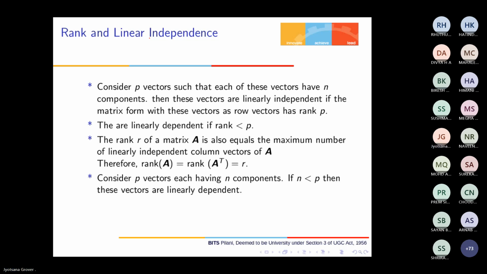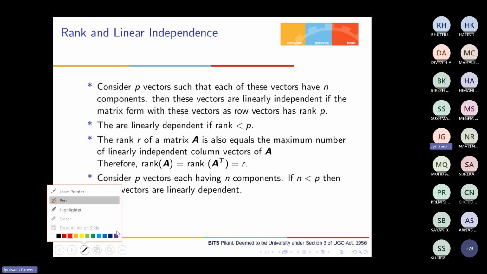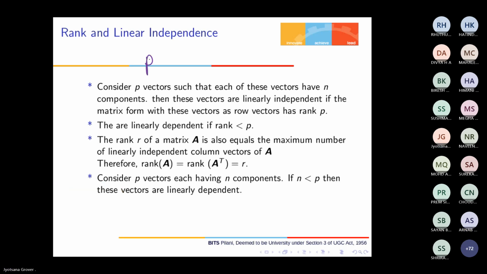Now let's go to the concept. The concept is: if you have p vectors x1, x2, up to xp, such that each of these vectors has n components, that means this can be written as x11, x12, up to x1n, then x21, x22, up to x2n, and so on. Each has n components.